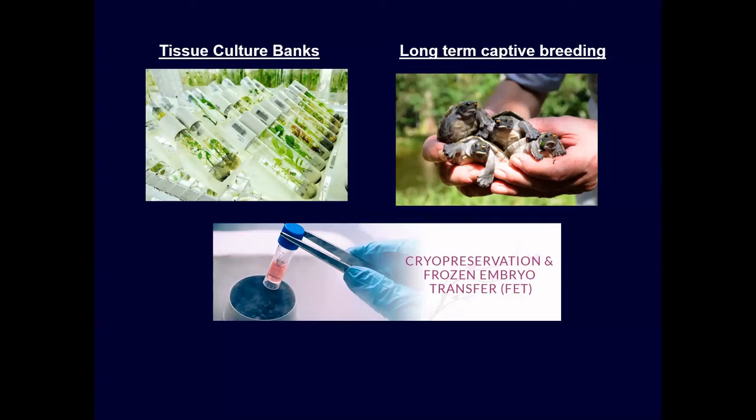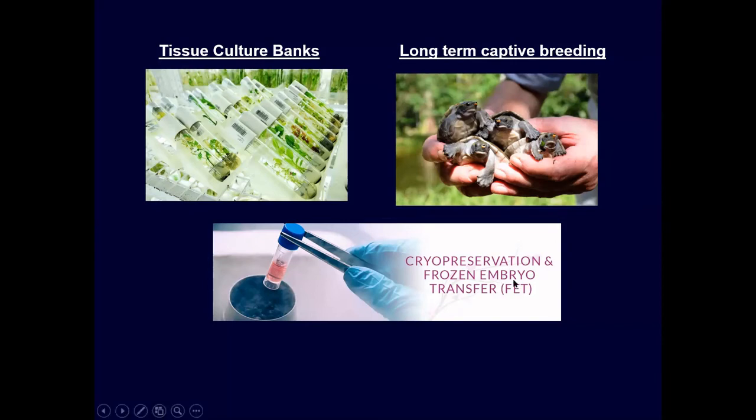Many deer species, turtle species, and many plants which are threatened or about to go extinct are the best examples that can be conserved through long-term captive breeding.